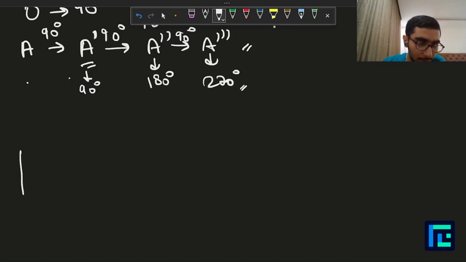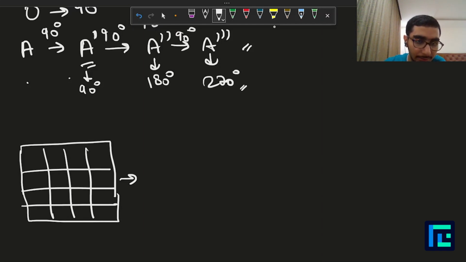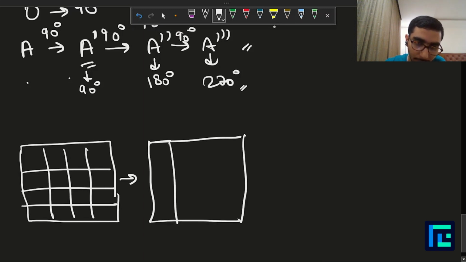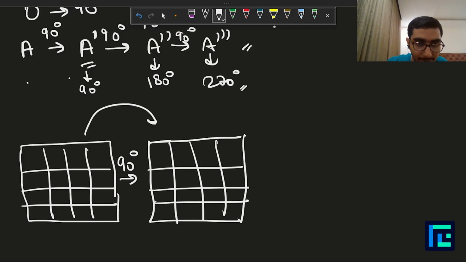So for simplicity, let's take a 4 cross 4 matrix and try to see a pattern here. These are two 4 cross 4 matrices and I'm rotating it 90 degrees clockwise.